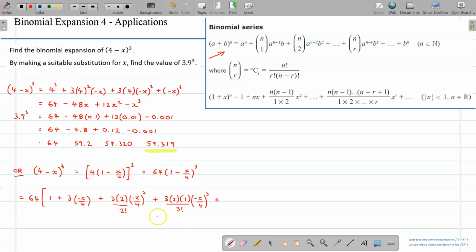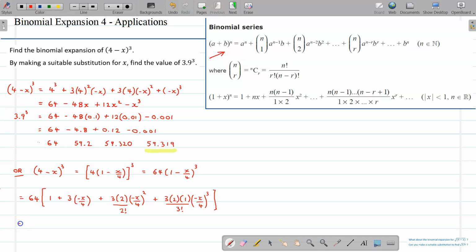So I can terminate at this point, because n is a positive whole number, in this case 3. So what does that simplify to?